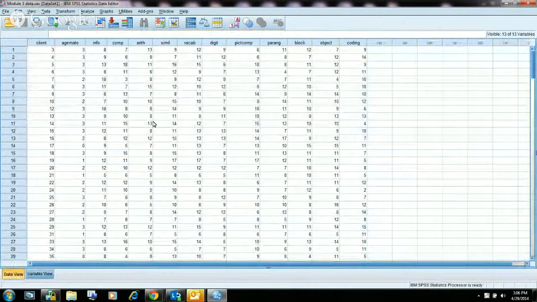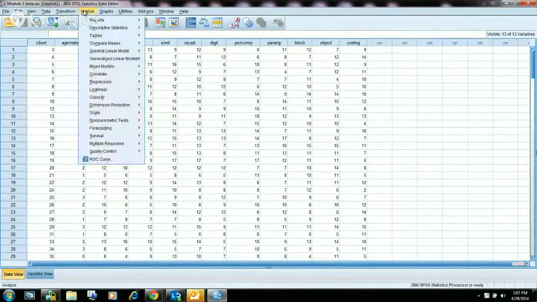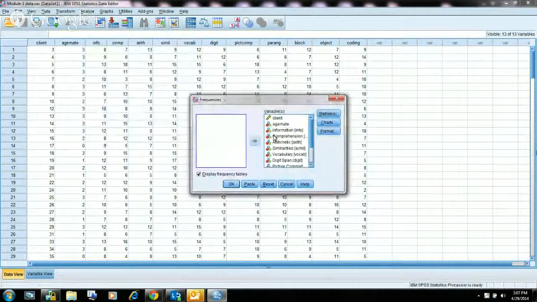So to start out with EDA, the first thing I'm going to do so I can get a feel for what my data looks like is go to Analyze, Descriptive Statistics, Frequencies, then I'm going to look at the various subtest scores.